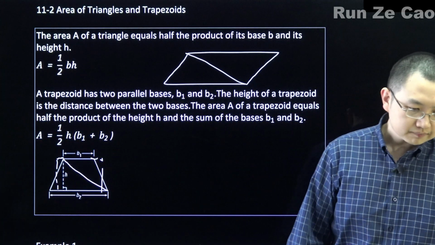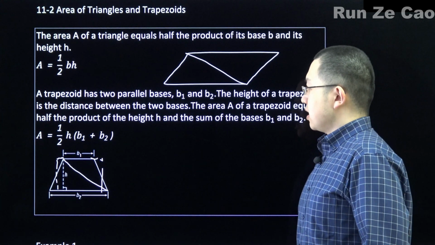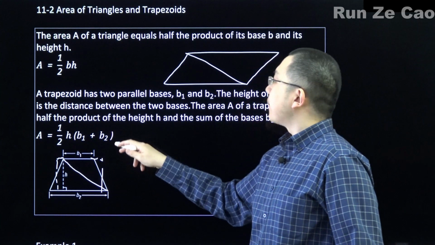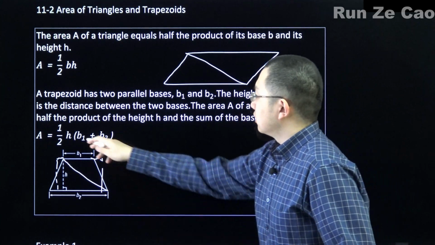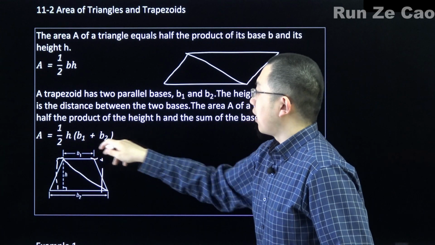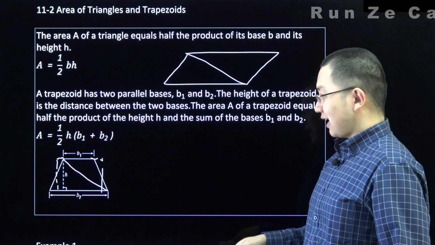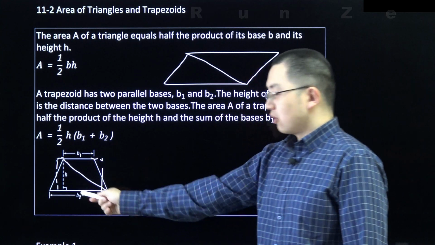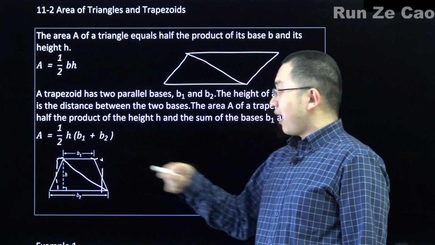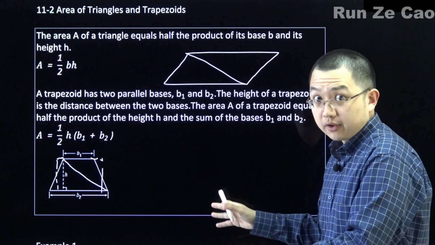So, depending on preference and regional convention, you may write this slightly differently, like h over 2 times b1 plus b2, or just this whole thing over 2, or h times this part over 2. Those may indicate which method your region prefers, the rectangular method or the two triangles method for teaching trapezoid areas.